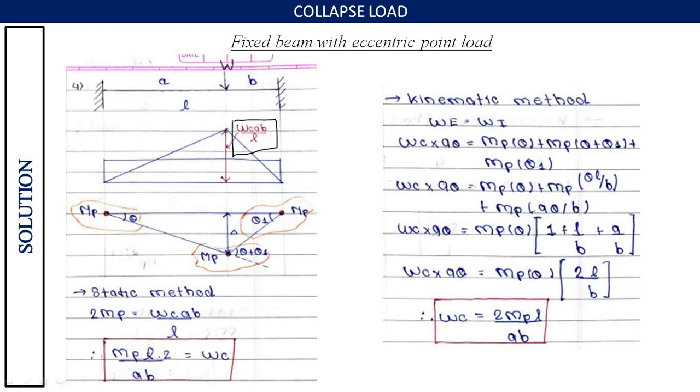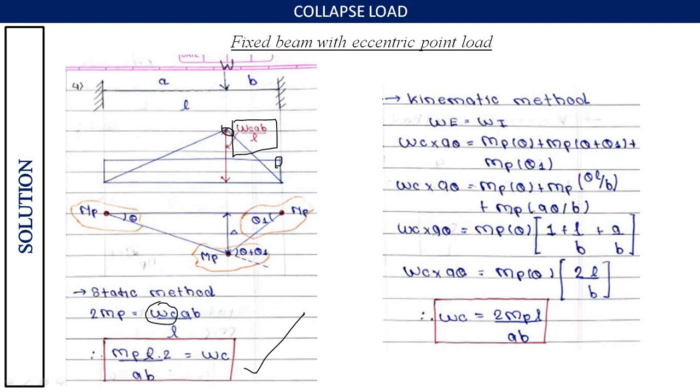In this case two moments will be carried, first for this and second for this. So 2 Mp is equal to Wc ab by L, where Wc is the collapse load, a is the distance from the left side, and b is the distance from the right side. By making Wc the subject, we find the value of collapse load as Mp L into 2 by ab.